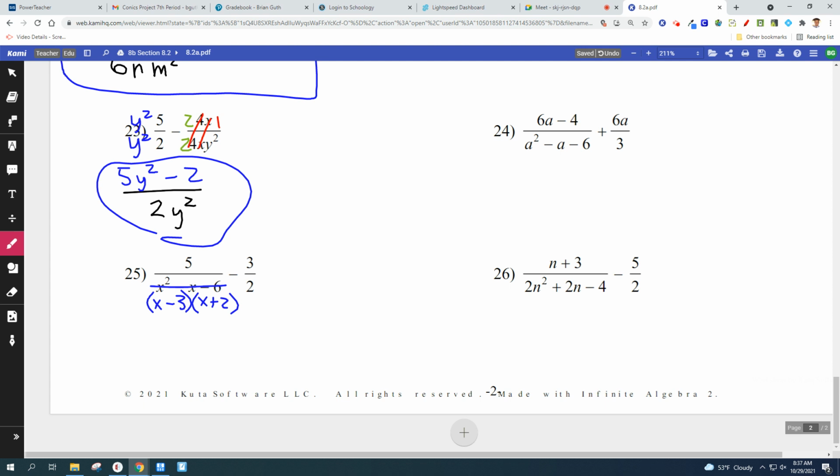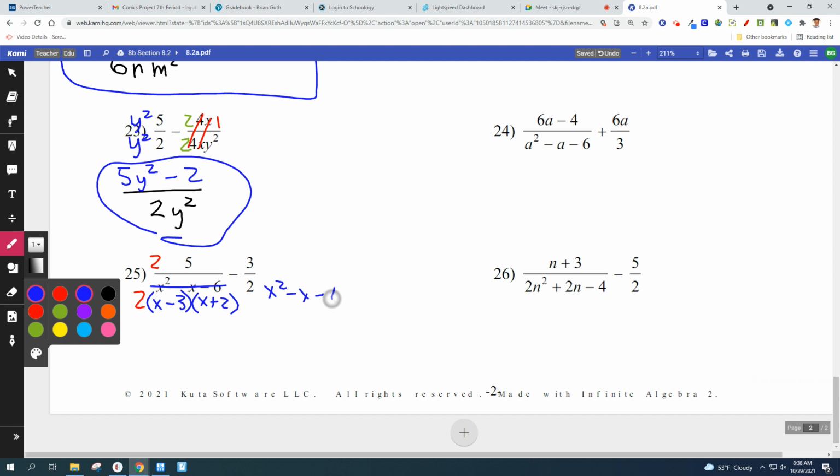But in this case, I can see what the left side needs is a 2, and what the right side needs is both of those blue ones, right? Okay, but here I'm going to cheat. Since I'm going to end up having to multiply it all together, instead of giving them x minus 3 and x plus 2, I'm just going to give x squared minus x minus 6. It needs that whole thing, right?